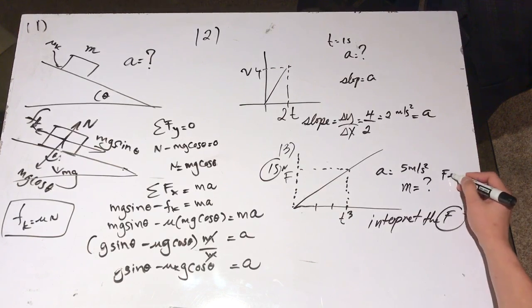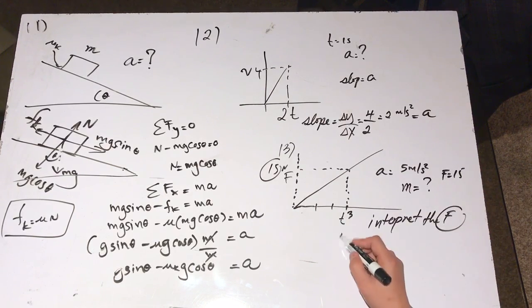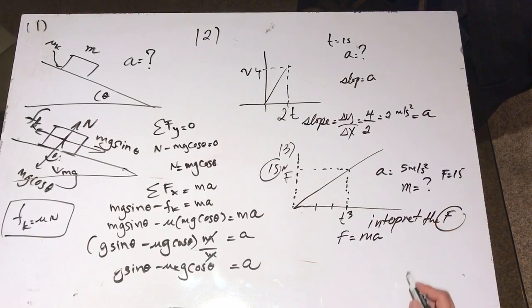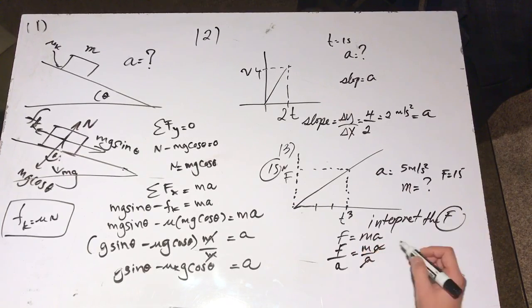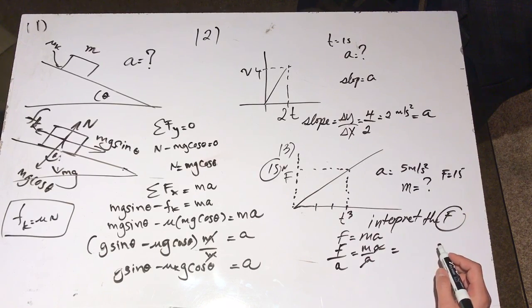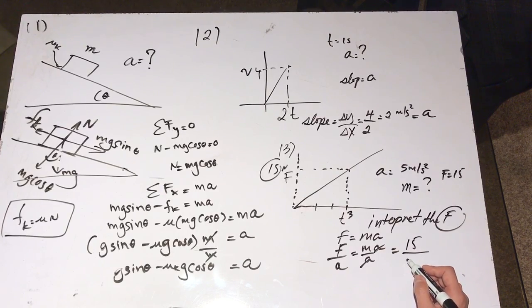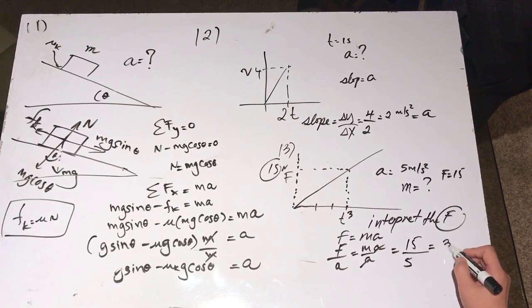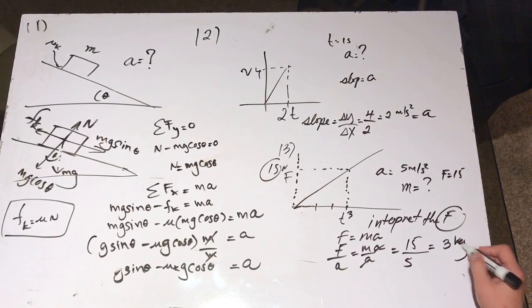So I have F equals ma, that's Newton's second law of motion, and we're looking for mass. My F is 15 and my a is 5, so that should be 3 kilograms. And that's how you would figure out the answer for that question.